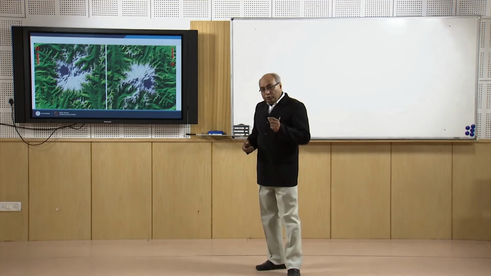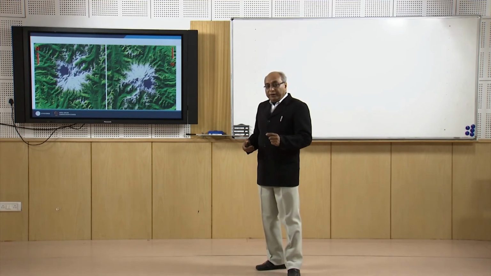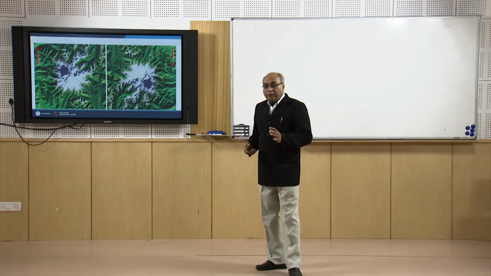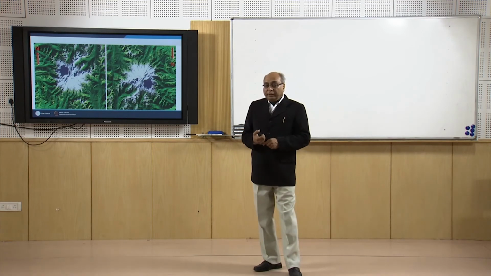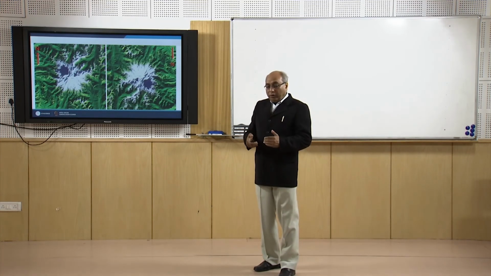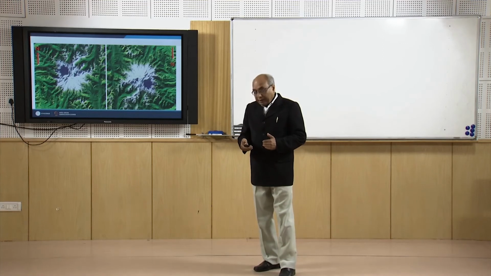So while using shadow during interpretation, one has to be very careful in which direction the shadow is falling, and keep the illumination in the same hemisphere where the interpreter is present.